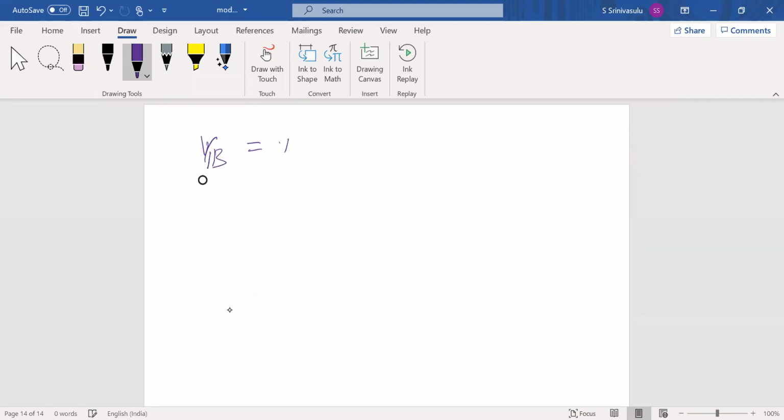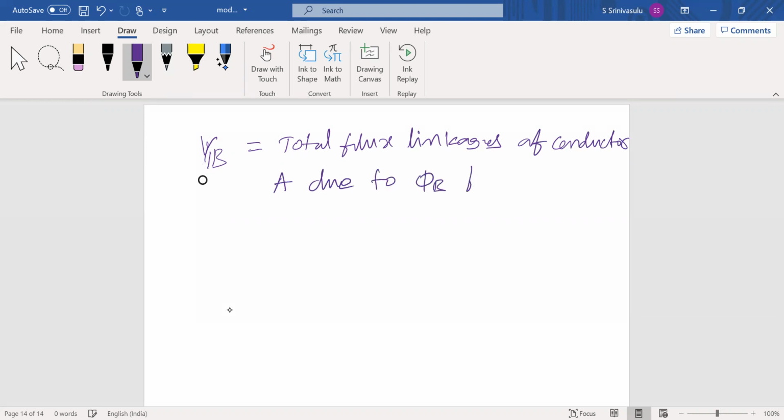It is the total flux linkages of conductor A due to phi B flux. What is psi 1B? It is the total flux linkages of conductor A due to phi B flux.